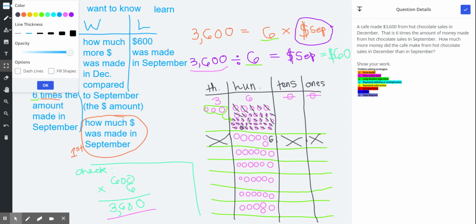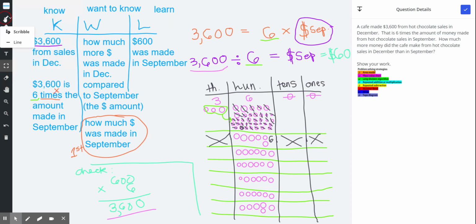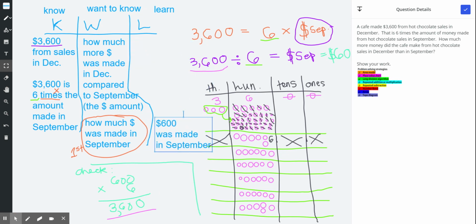This is why it can be very helpful to use a KWL chart to help us make sense of all this stuff. So let me just extend this column here. We just determined that in September they made $600. So we just found the answer to this second thing we wanted to know, which was how much money was made in September.